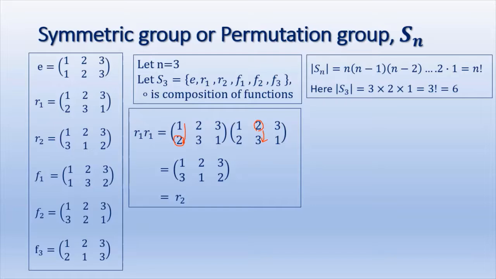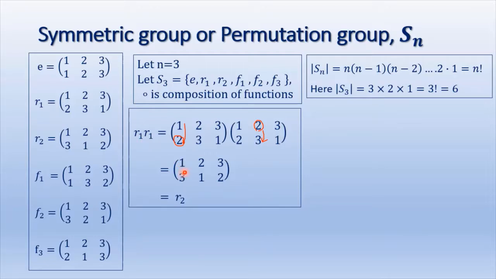So from the first mapping, you are considering the image of 1 and that is 2, and the corresponding image of 2 is 3. So 1 goes to 2 and 2 goes to 3. Therefore, the image of 1 will be 3 under the mapping R1, R1.